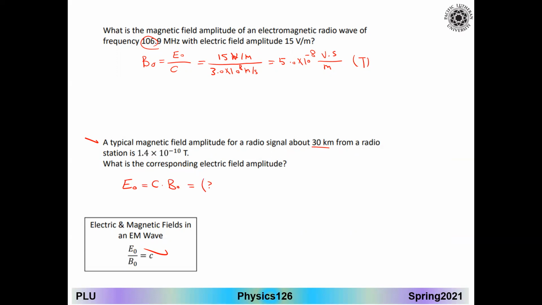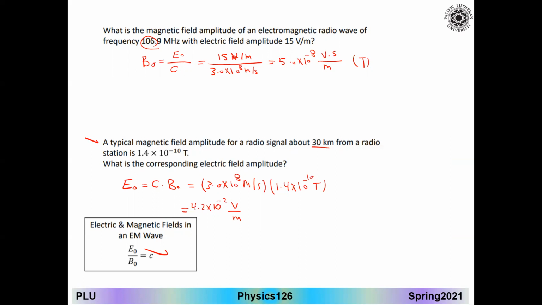I have my constant 3.0 power to the 8 meter per second times my magnetic field, power to the minus 10 Tesla. If you multiply these numbers, you end up with 4.2 power to the minus 2 volt per meter as the electrical field. So this is how to use this ratio for the electrical and magnetic fields to calculate one from the other.